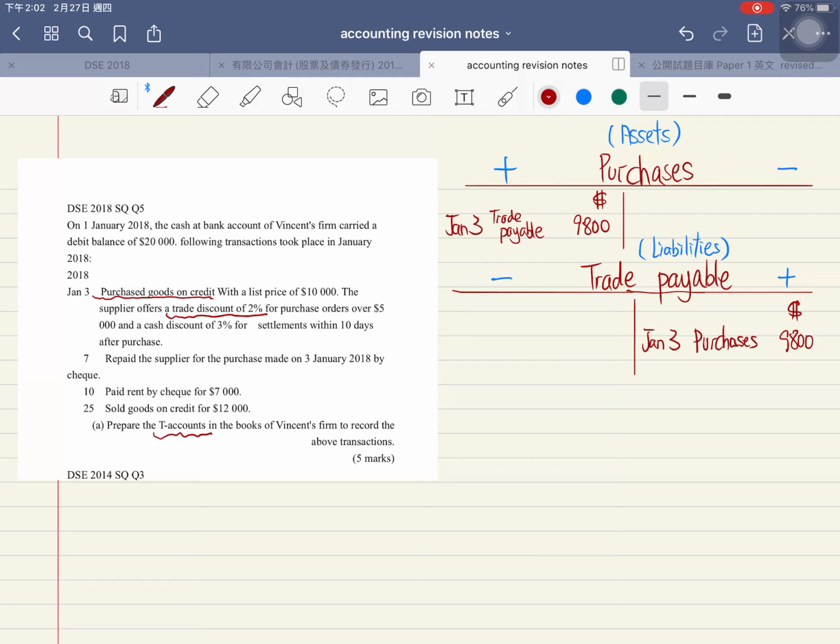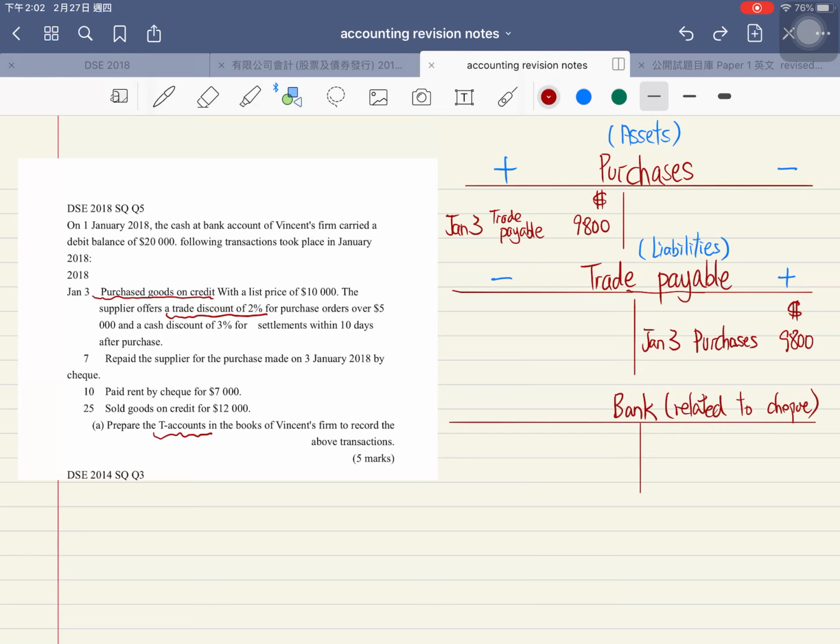Okay, so for this one, we have affected 2 accounts. They are first the bank, because it is related to check. And the other account is the trade payable, because we paid to the trade payable.